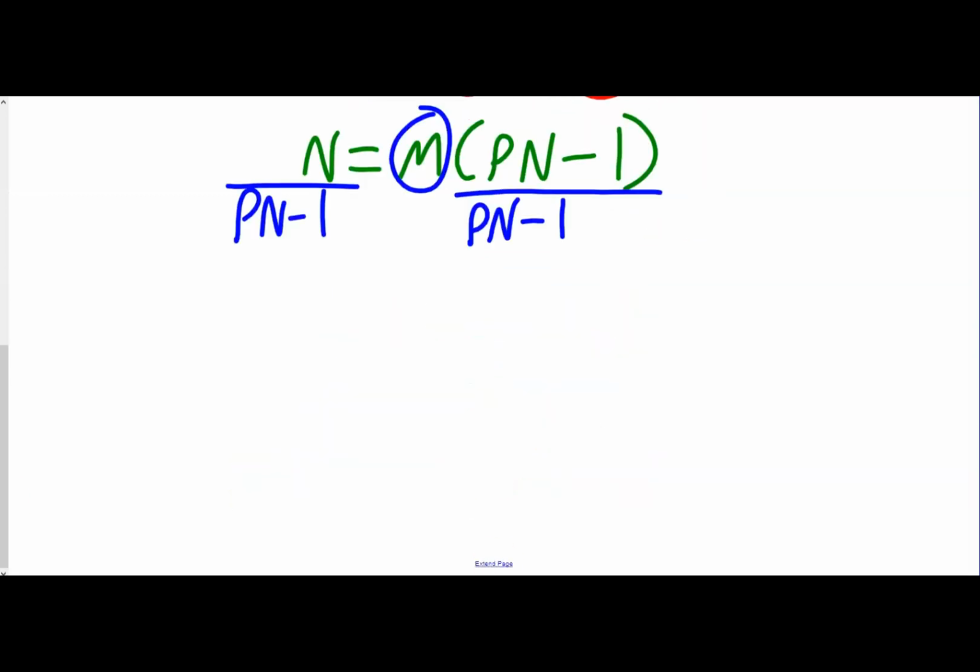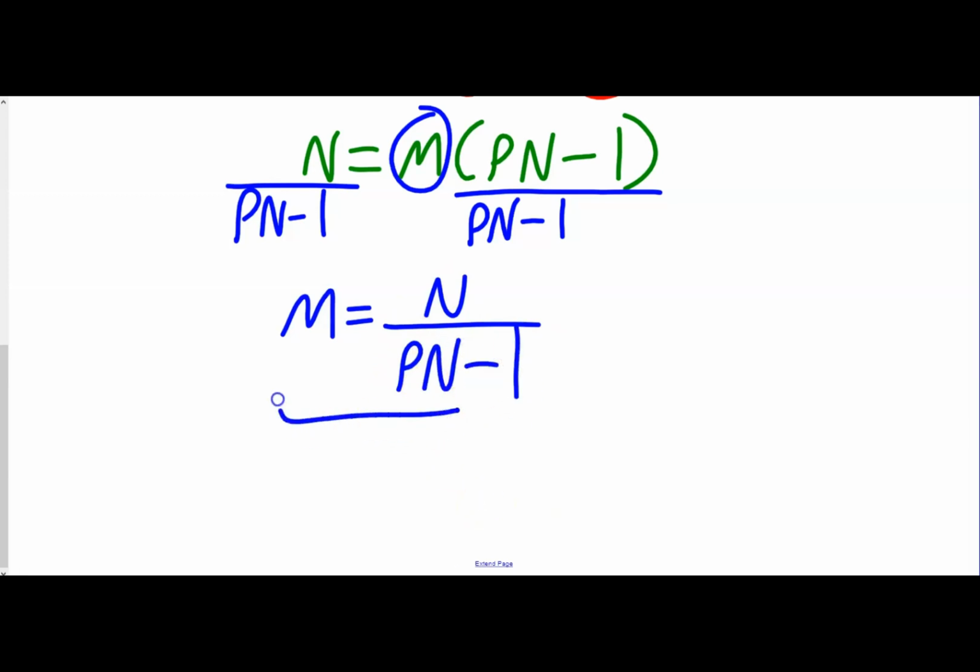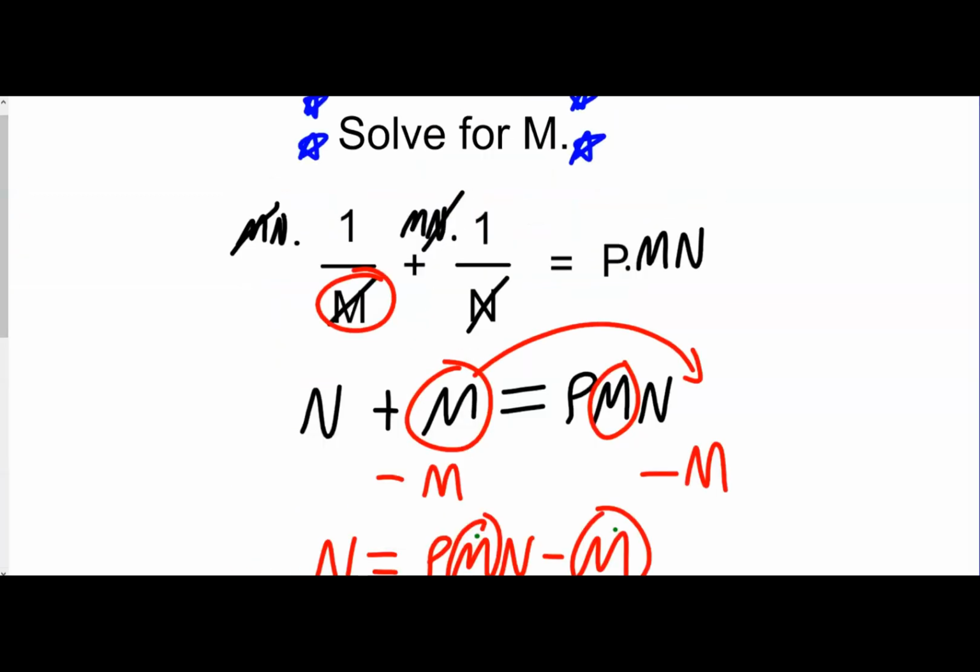Slide down and extend a little bit. M equals N over Pn minus 1. There's the answer. And again, we ran those 4 steps. We cleared the fraction to get to here. We put our M all the way over on the other side.